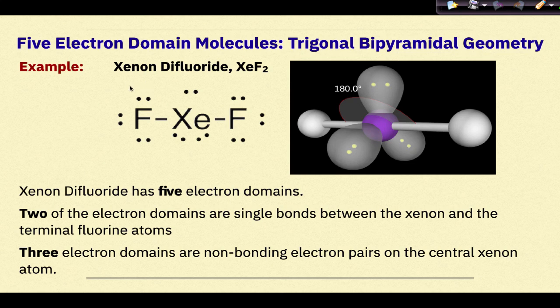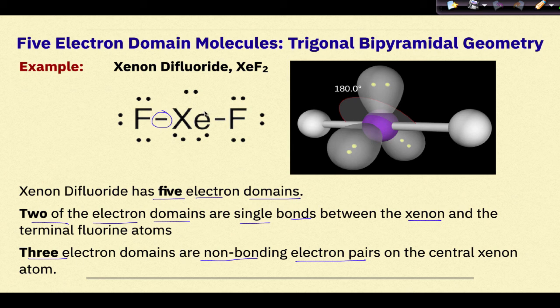Our last example is xenon difluoride, XeF2. Xenon difluoride has 5 electron domains. 2 of the electron domains are single bonds between the xenon and the terminal fluorine atoms. 3 electron domains are non-bonding electron pairs on the central xenon atom.